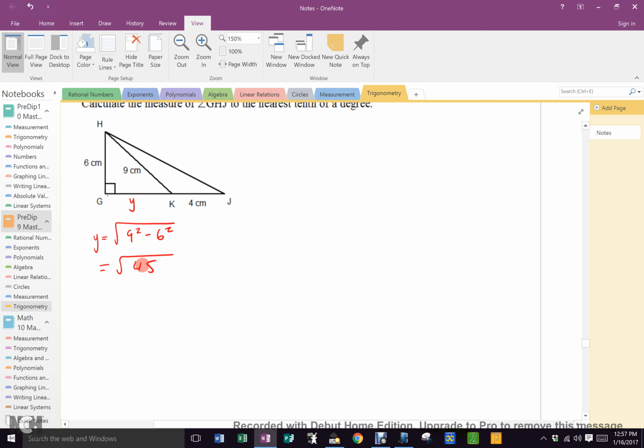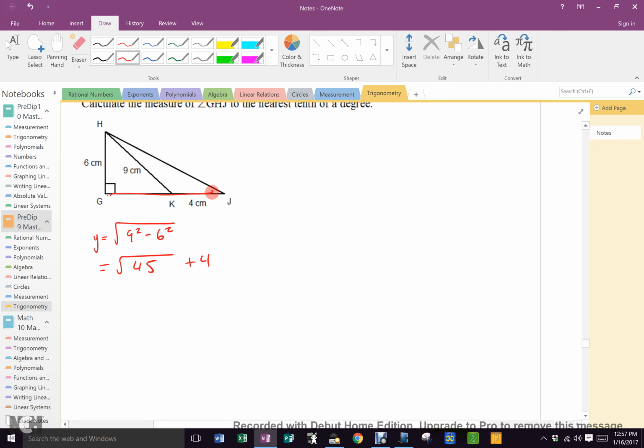Now, wait. If I hit square root 45, am I going to get an exact answer? No, so I should leave that, shouldn't I? Okay, I know that's square root of 45. So what's the whole thing? Square root of 45 plus 4. So now I know this whole red side is the square root of 45 plus 4, right?